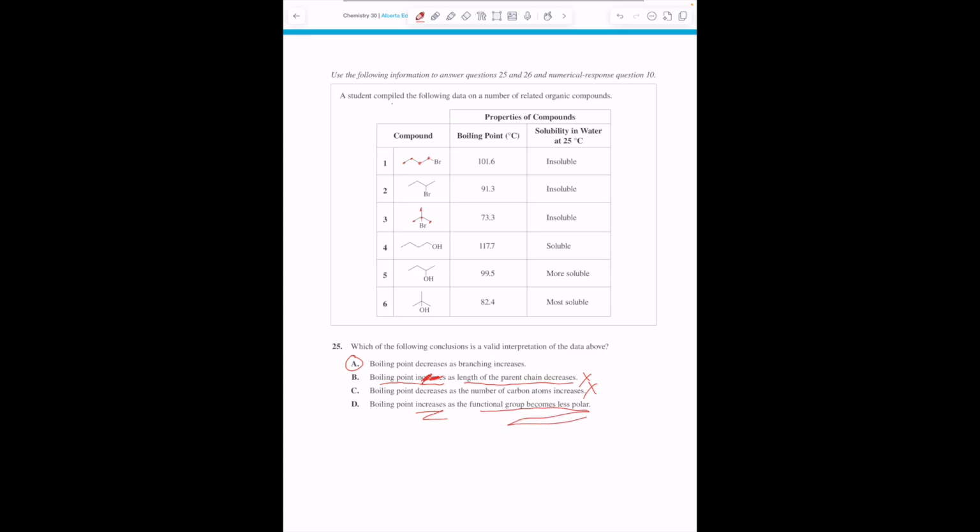Well, that's not true either, because take a look at this. There's my functional groups, those BRs, these OHs. These are higher boiling points, so they are more polar.